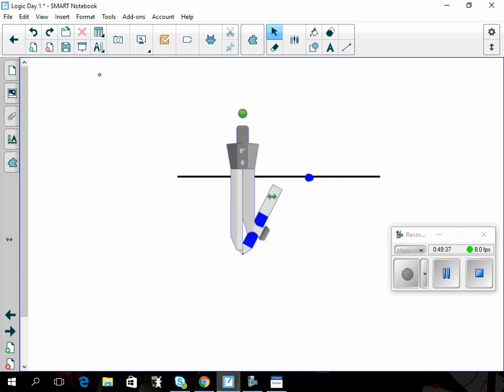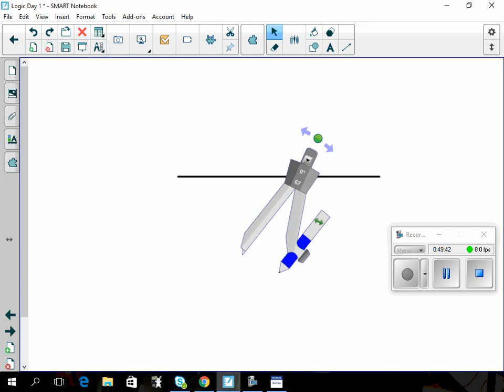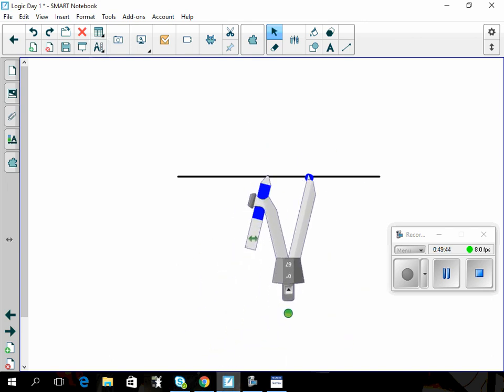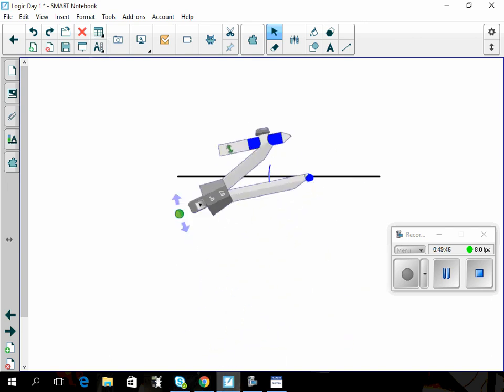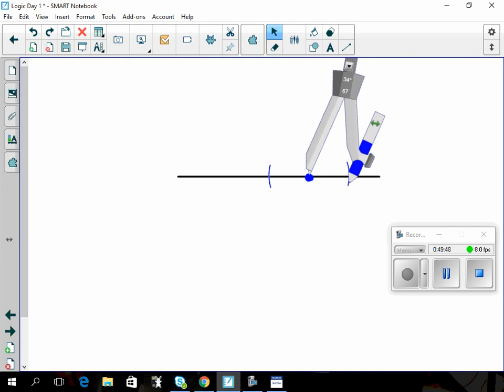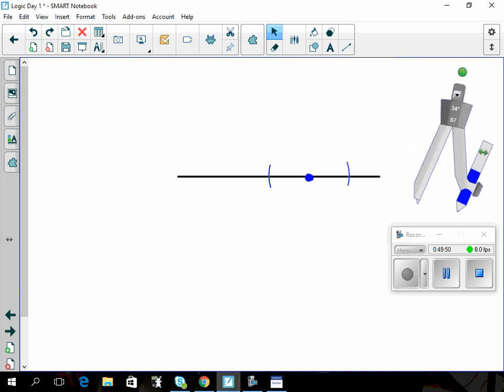So that simply means that I need to go ahead and make a little arc on either side of it, to create two new points. And then I do the same construction as we did before.